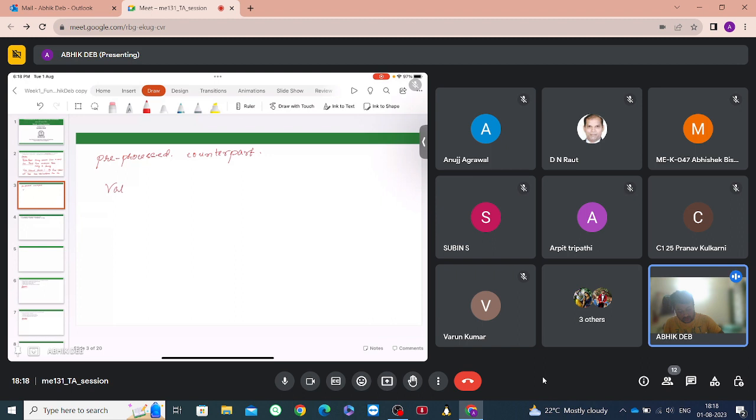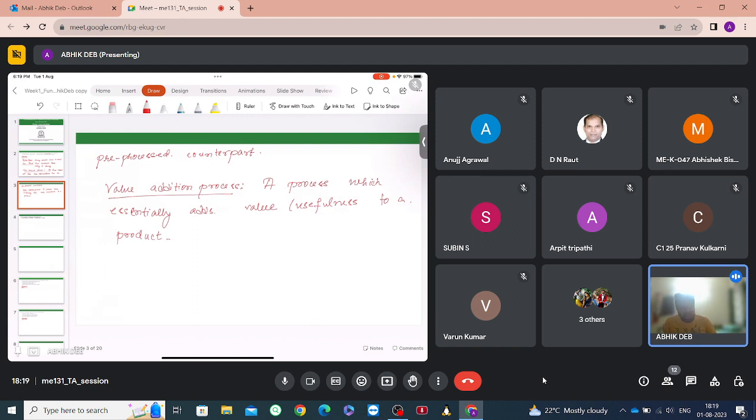And what will be value addition? A process which essentially will add value or usefulness to a product.